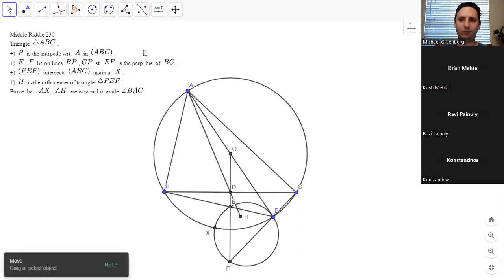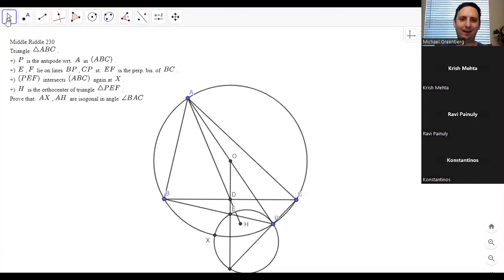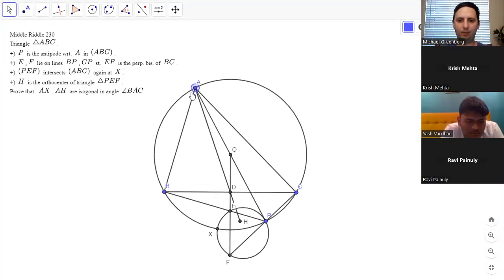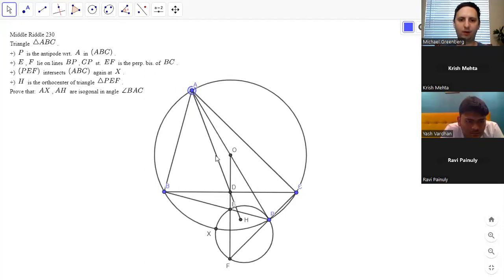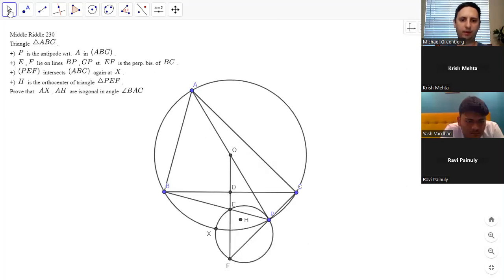It does look true. So I see that Yash just joined. So thanks for joining, Yash. Yeah. So yeah, A, D, and H are collinear. I don't know why, but it's clear from GeoGebra that they are. So can we prove that? And maybe that will help us solve the problem. Because if that's true, then we just need to show AX is a symmedian, right?